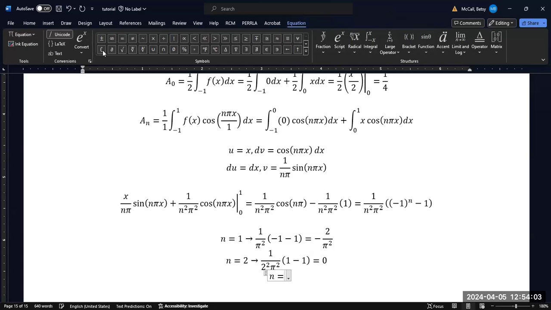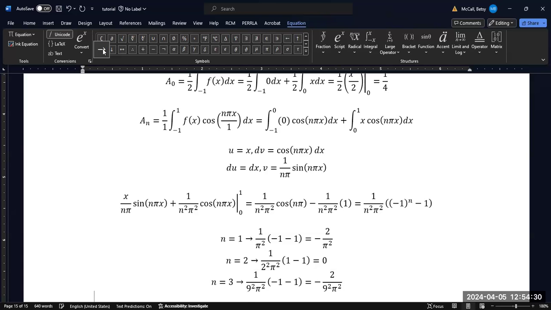And then when n is 3, then this will be 1 over 3 squared pi squared, negative 1 minus 1, which will make it negative 2 over 3 squared pi squared.